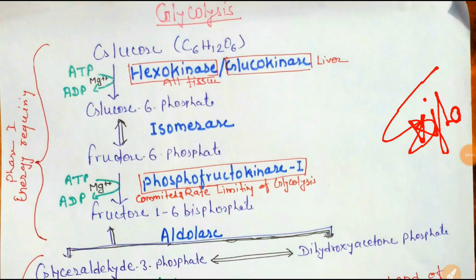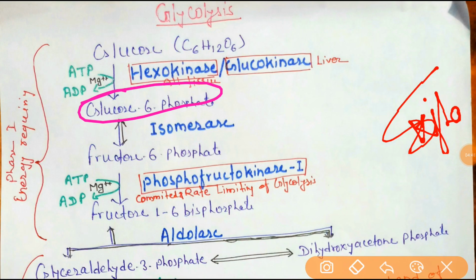Then glucose 6 phosphate is converted into fructose 6 phosphate.